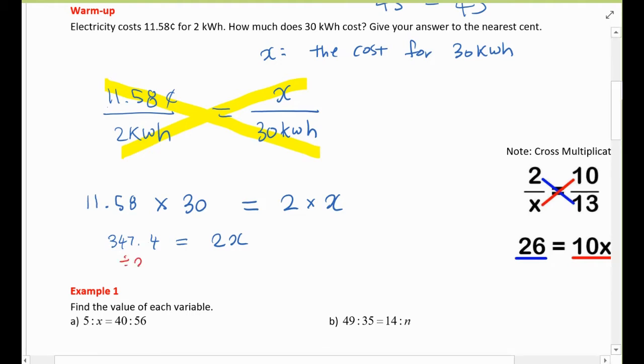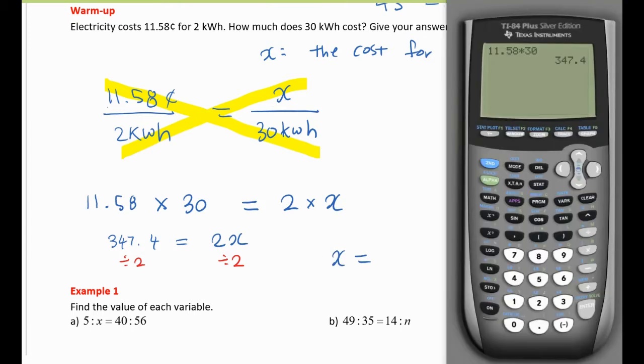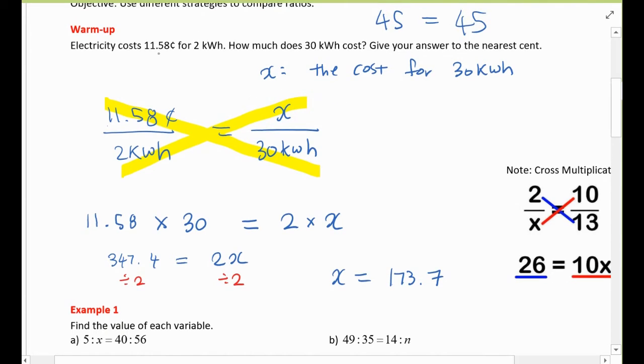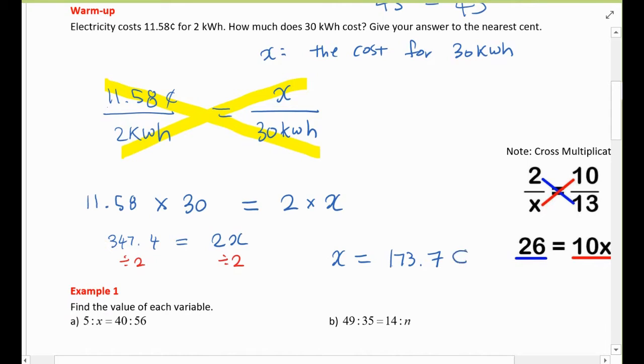Then x will be, so let's use your calculator, divided by 2 is 173.7. And because x is the cost in cents, that is 173.7 cents. This is the answer.